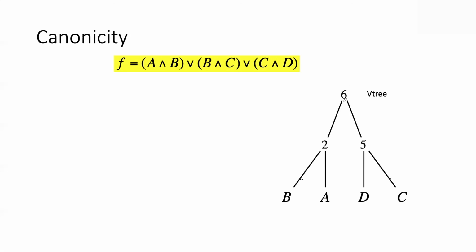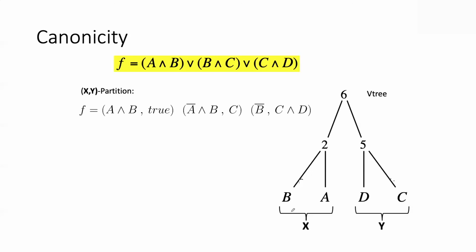Now, look at the root. What does the root say? It says, when you start representing this as an SDD, first compute an XY partition where X is the variables in the left subtree and Y are the variables in the right subtree. Because anytime you want to construct an XY partition, you need to know what X is and what Y is, and that's telling me. Now, I'm going to construct an XY partition based on that, and I want it to be compressed.